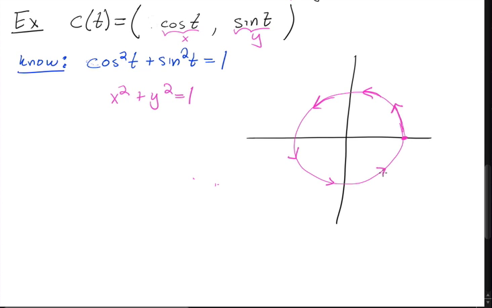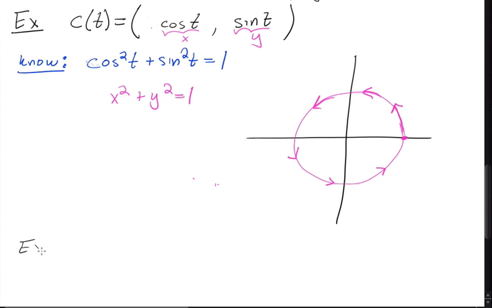But if you don't know, what you start doing is you just plug in points so that you can see the general direction. You always think of t as representing time. You don't have to start at 0, but you can think of it as starting at time equals 0 and seeing over time, if you plug in a few points, what direction it is going in. Does that make sense?